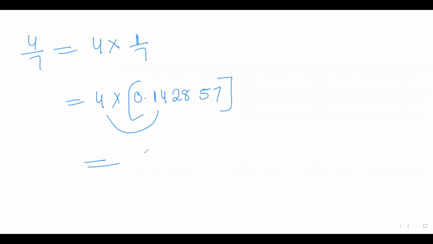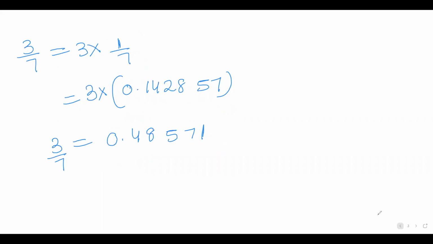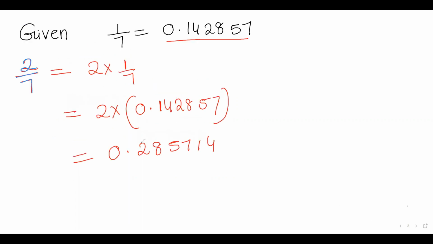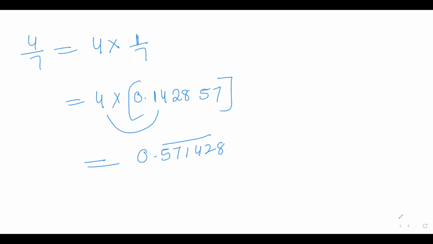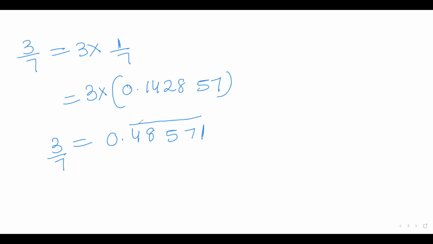On multiplying, we get 0.571428. Don't forget to put the bar. In the previous case also, please put the bar. It is non-terminating repeating decimals, so you have to maintain the bar. I forgot to put the bar over here. Please note and keep the bar.